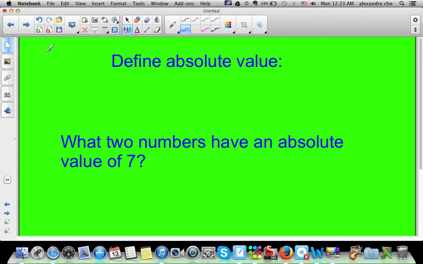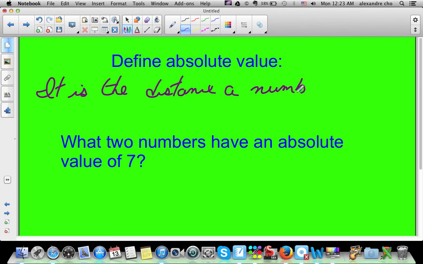Absolute value is, in its simplest terms, the distance a number is away from 0. So how far or how many steps do you have to take to go to 0?